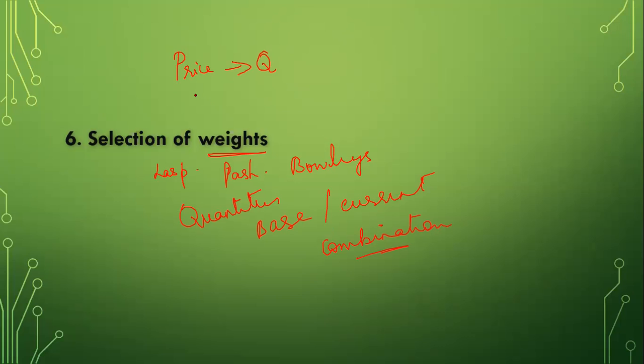When you say quantity index, we consider price as weight. It will be vice versa. Now we have three methods, price, quantity, value. When we calculate a price index, we consider quantity as weights. So each product has its own quantity.